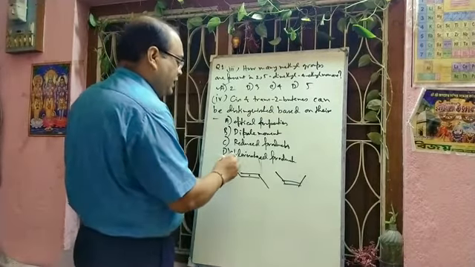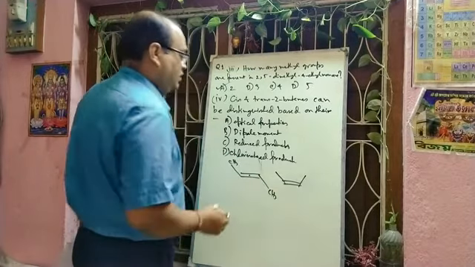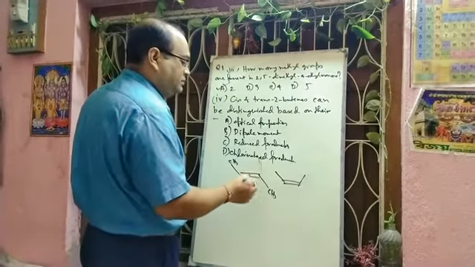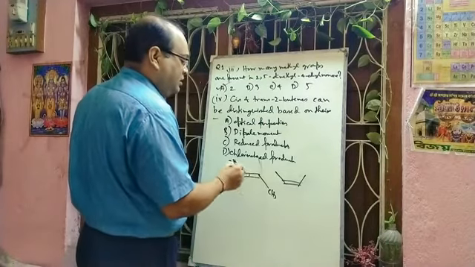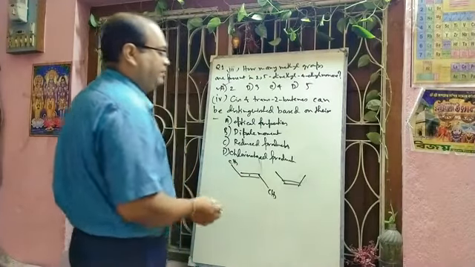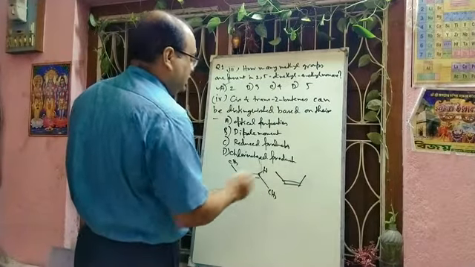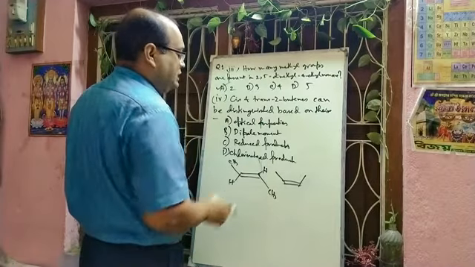Here if we write CH3, this is CH3. So here the dipole moment will be 0, almost 0. So its dipole moment is very low. And here these hydrogens will cancel each other, and this methyl will cancel the dipole moment.